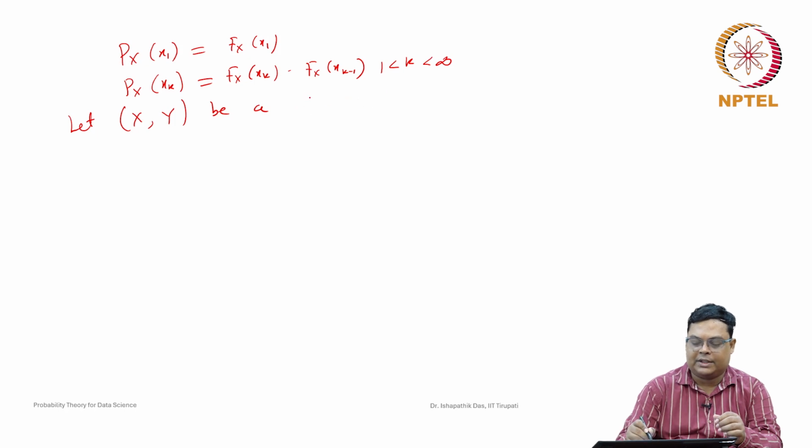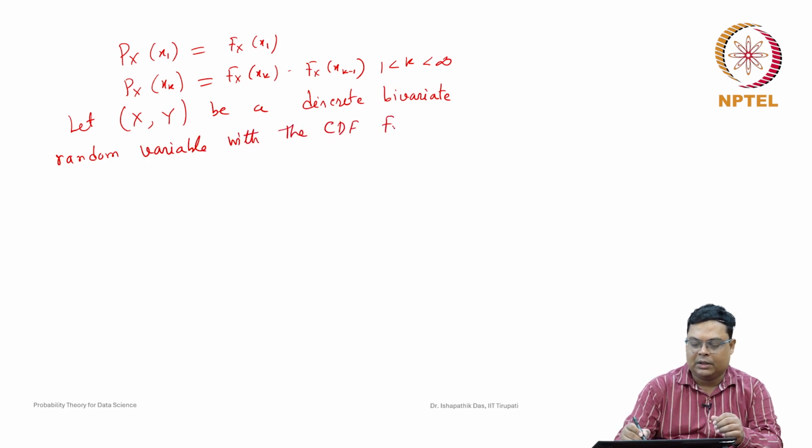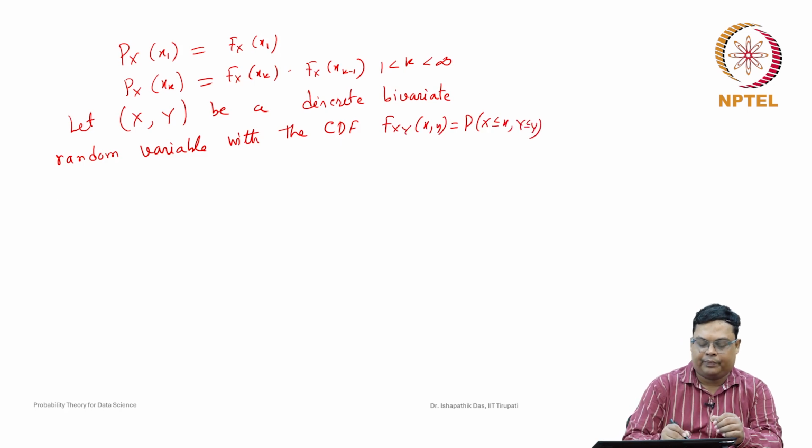So, basically both are discrete bivariate random variables with the cumulative distribution function F_XY(x, y), which is equal to the probability that X is less than or equal to x, Y less than or equal to y.